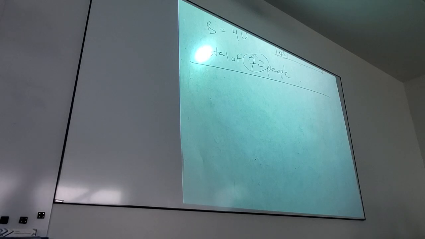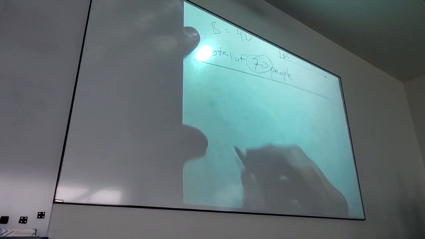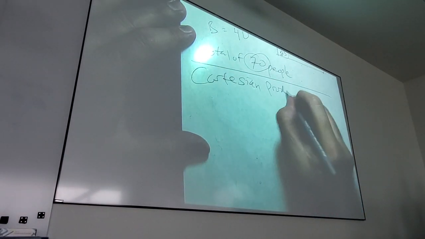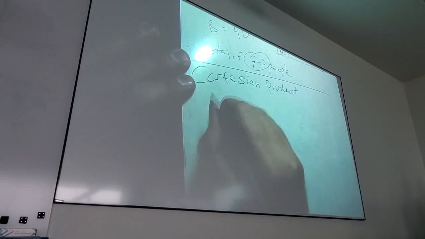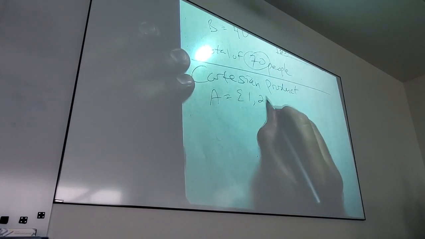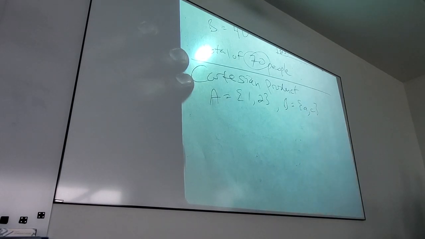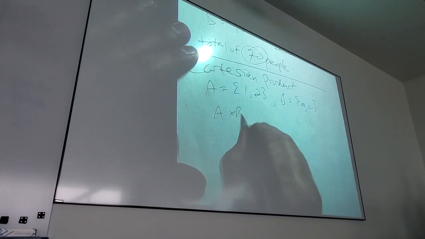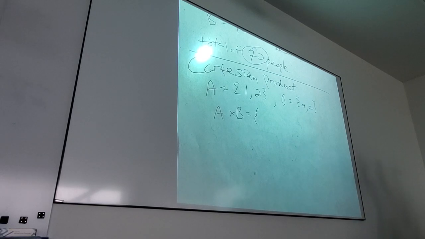So for us right now, there is something called a Cartesian product. And all that is, if A is {1, 2} and B is {A, C}, for example, the Cartesian product of those two sets is just all the pairs you can make.